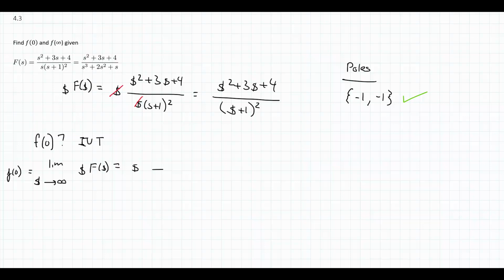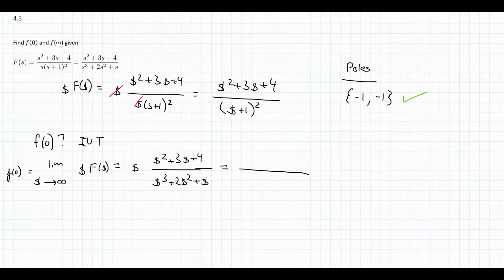So s times the non-factored version. So s squared plus 3s plus 4, and the denominator s cubed plus 2s squared plus s. Now, that s out in front, there are different ways I could do this. I could just multiply everything in the numerator by it, or I can do some canceling of the denominator like I did above.